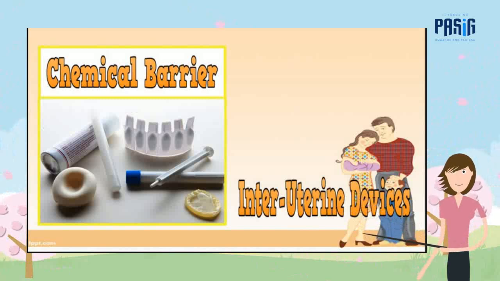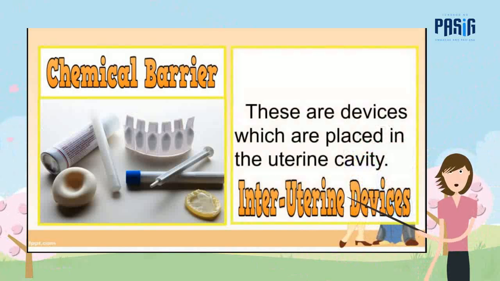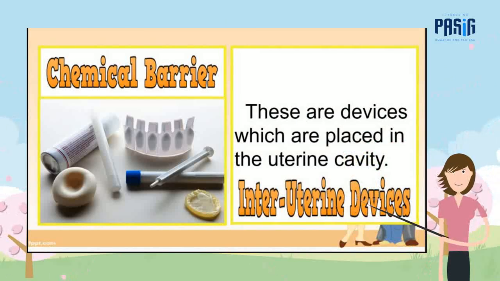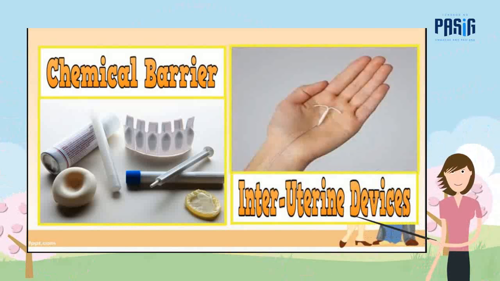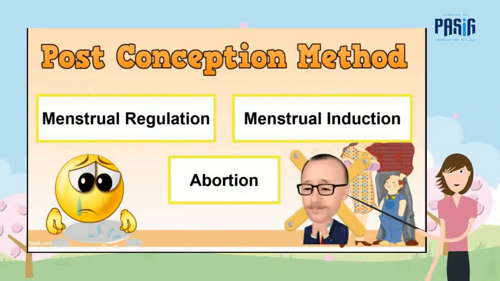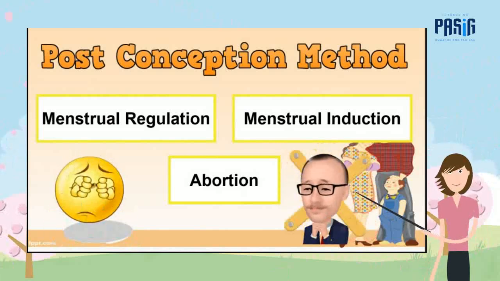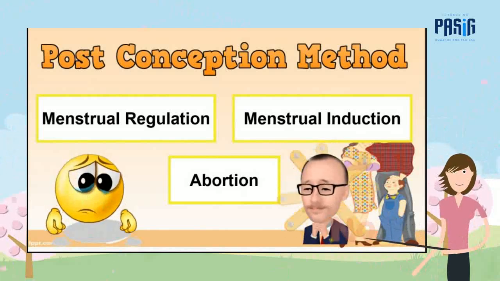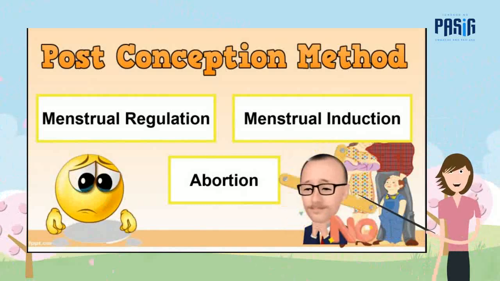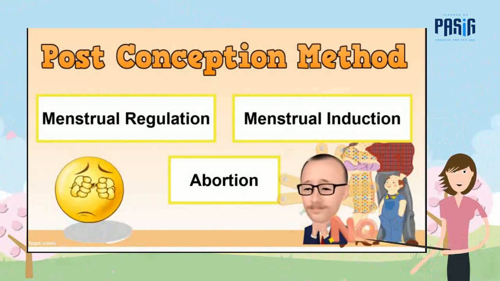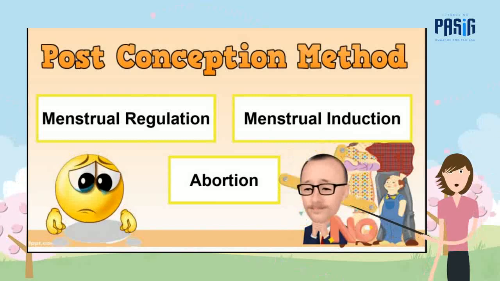Next is the IUD or intrauterine devices. These are devices which are placed in the uterine cavity. We have the first, second, and third generation IUD. And last, we have the post-conception method. Post-conception method includes menstrual regulation, menstrual induction, and abortion.